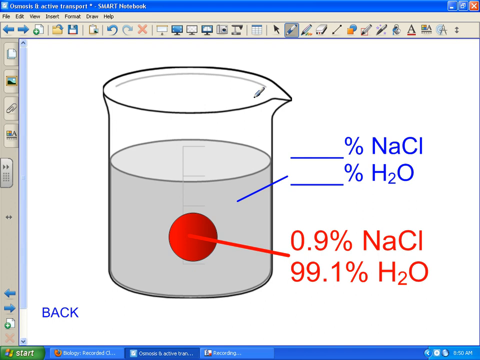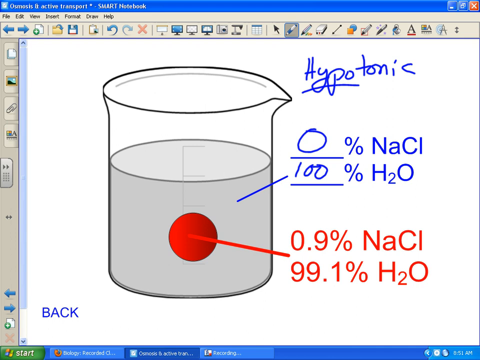This time, let's make it hypotonic. Hypo, low. Well, right now, man, that's 0.9% salt. That's pretty low already. Let's make it really dramatic. No salt, just water.